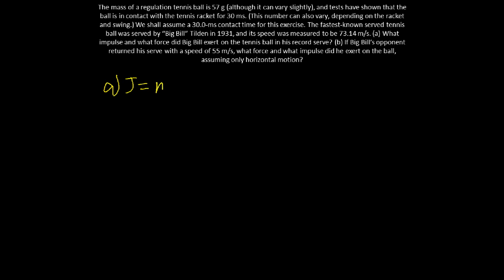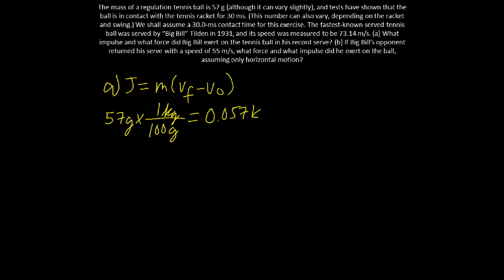Now the formula for impulse is mass times the difference between the final velocity and the initial velocity. Now the mass has a unit of grams, so we need to use dimensional analysis to convert that into the SI unit, just kilograms. So this is equal to 0.057 kilograms.